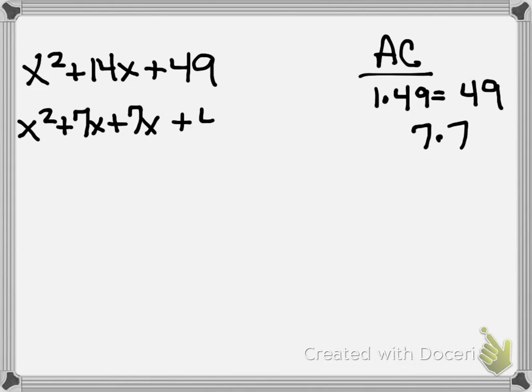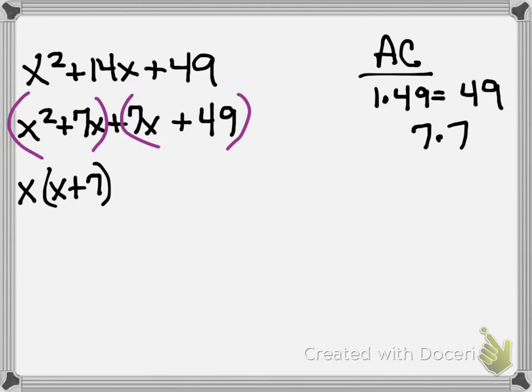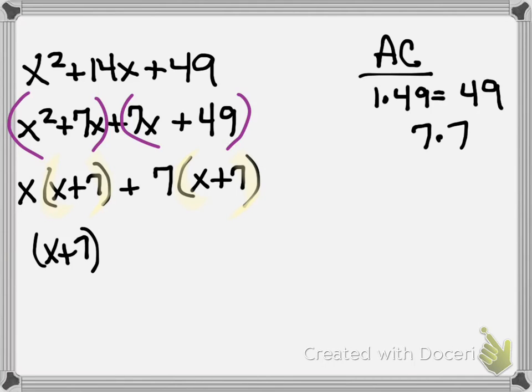Remember, I told you that's the step you always want to forget, rewriting that middle term. And now we're going to group it. Now the first one, we have a common factor of x. The second one, we have a common factor of 7. And now we have a common factor of quantity x plus 7. And when you take that out, it leaves you x plus 7. You'll still get there any way you go.